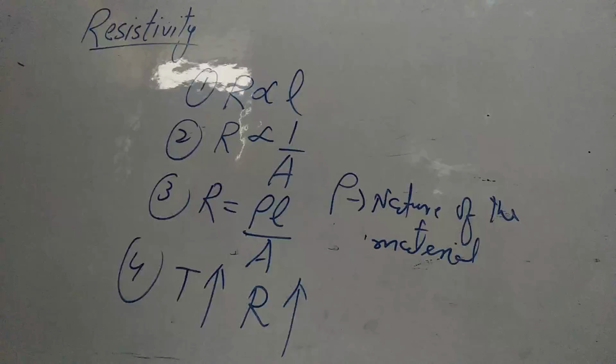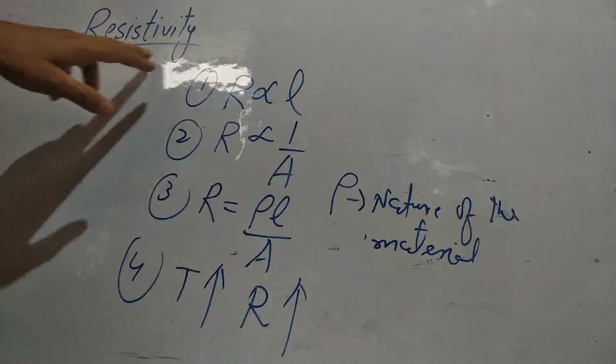However, the resistance of alloys like manganese, constantan and nichrome is almost unaffected by temperature and practically does not increase with rise in temperature. So these were the four factors on which the resistance of the conductor depends.